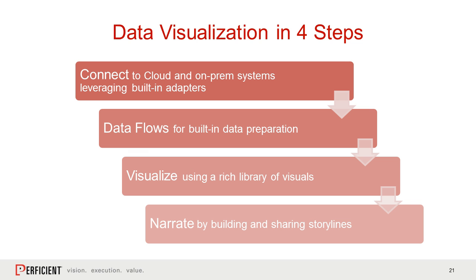The first part is to connect to the different data sources. And as Shiv mentioned, there's a lot of built-in adapters in data visualization to help you connect and pull data into it. And then after the connection is created, we create what is called a data flow, which is the preparation of the data to put it in a shape and form that works best from a reporting perspective.